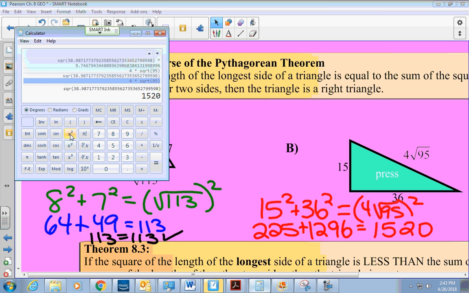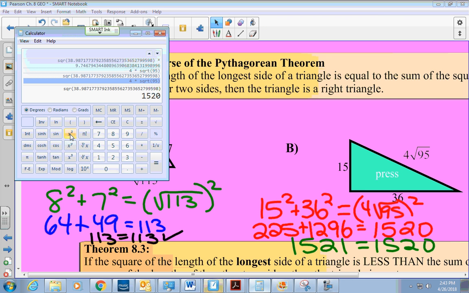And then Isabella, what is 225 plus 1,296? 1,521.